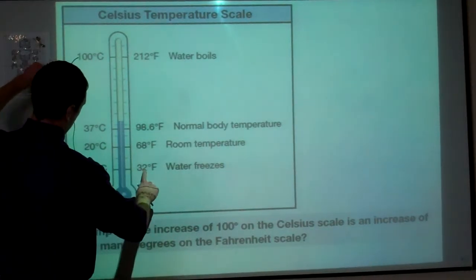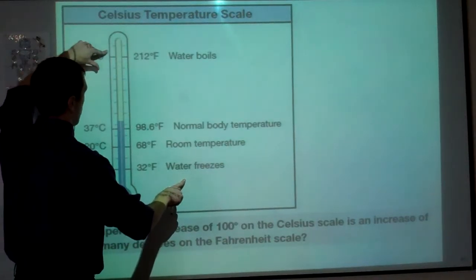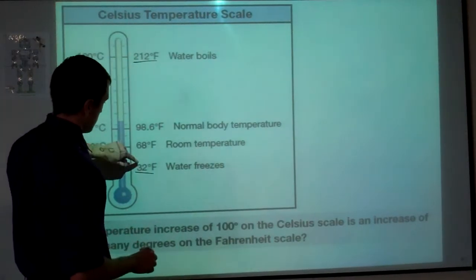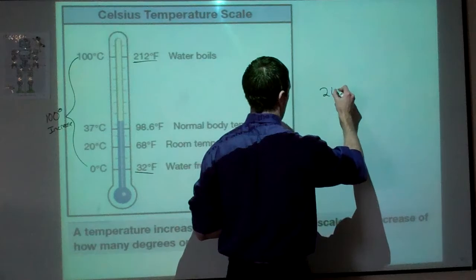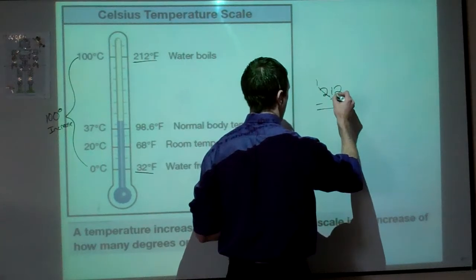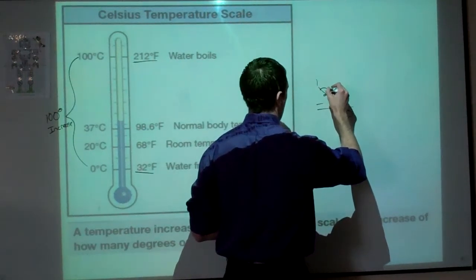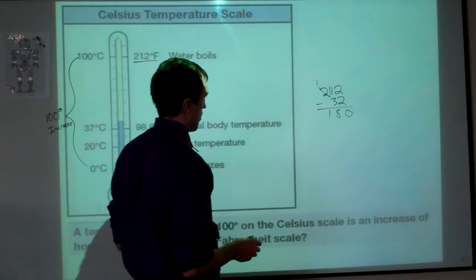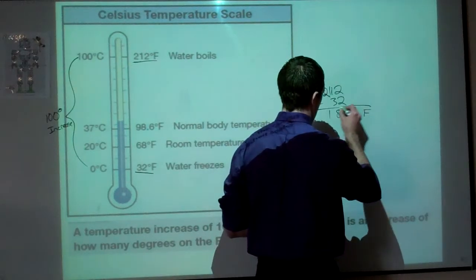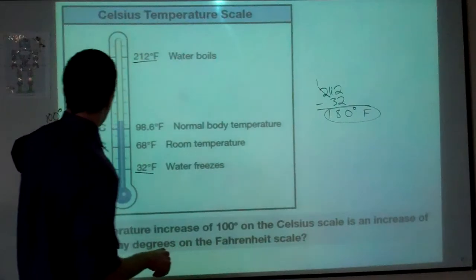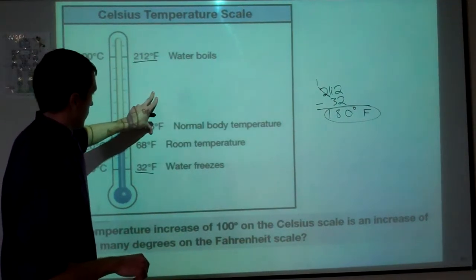Well, looks like it's from here, from where water freezes to where water boils. So we're looking at from here to here. That's 212 degrees and 32 degrees. So we'll subtract those. So 180 degrees Fahrenheit difference. Okay? So an increase of 100 degrees here on the Celsius scale is an increase of 180 degrees on the Fahrenheit scale.